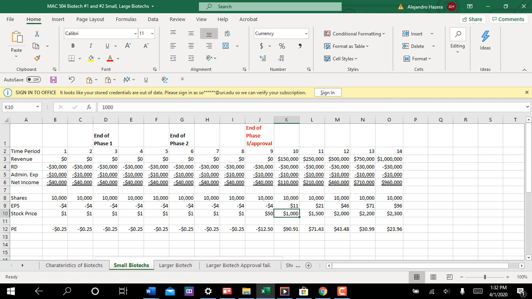But what happens is the stock price goes up, and the rate of increase may start flattening out, let's say in the 5th year. Usually it takes longer than that because if the company has a patent, the earnings will keep going up. But other companies can also introduce competing drugs, and you may saturate the market.